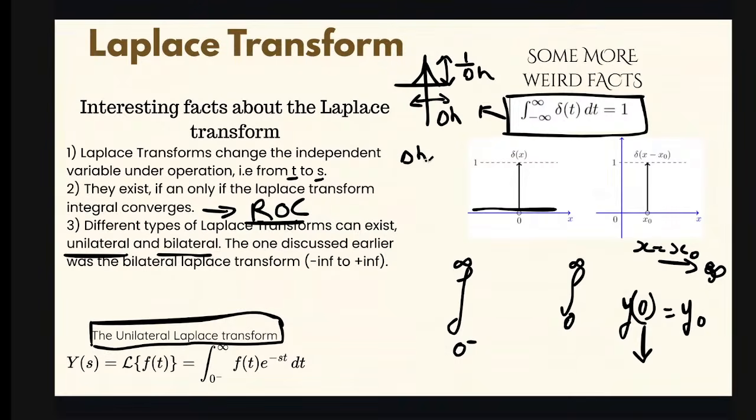So delta h should tend to 0, and 1 by delta h should tend to infinity. This is the principal way of defining how we write a Dirac delta. So the product, the area, is what? 1. This is how we define it.